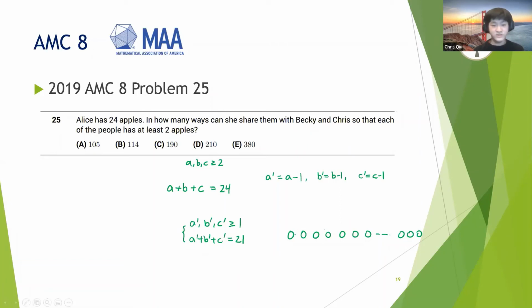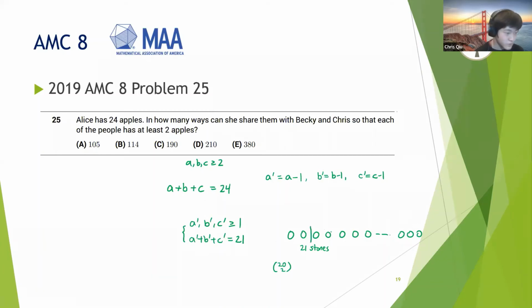So we want to insert 2 sticks into this pile of stones while making them not at the ends and also not between the same 2 stones. In total, there are 20 positions, since there are 21 stones, where we can put a stick. We're going to choose 2 of these positions, and these 2 positions must be different.